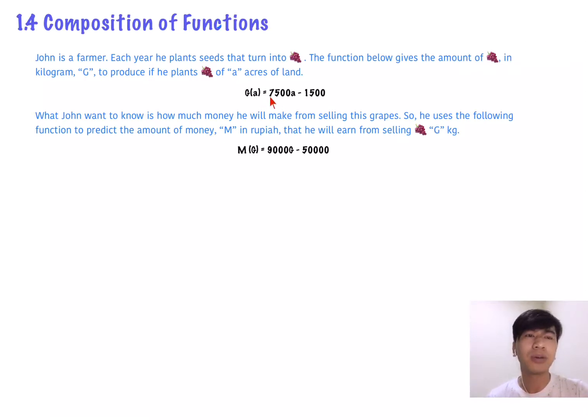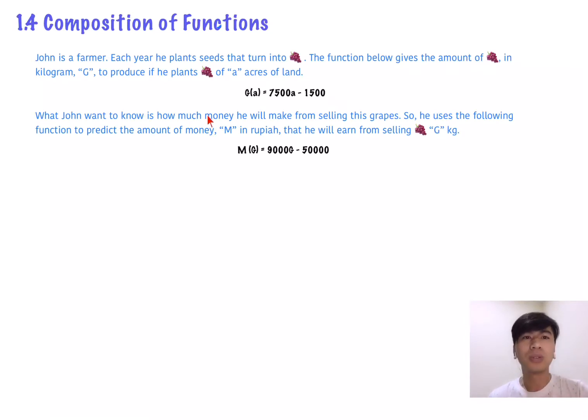G of A equals 7,500A minus 1,500. So if A equals 1, then in 1 acre of land, John will produce 6,000 kilograms of grapes. If 2, then that will be 15,000 minus 1,500, which is 13,500 kilograms, and so on.